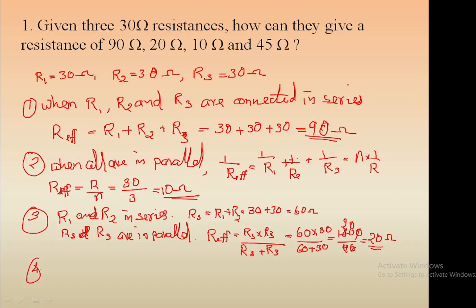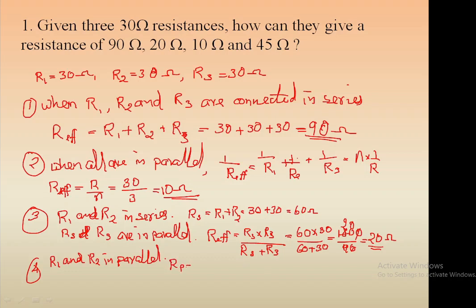In the case of obtaining the 45 ohm effective resistance, let us connect R1 and R2 in parallel, and that combination is connected in series with the third one. Then what is the effective resistance?